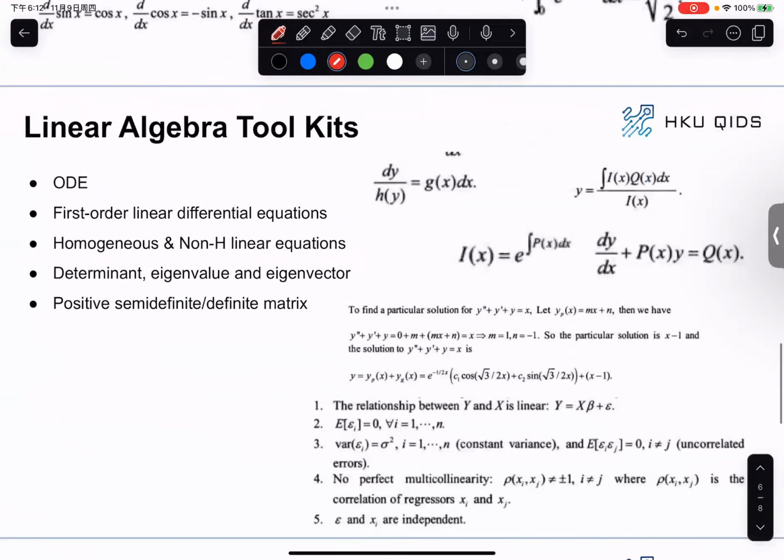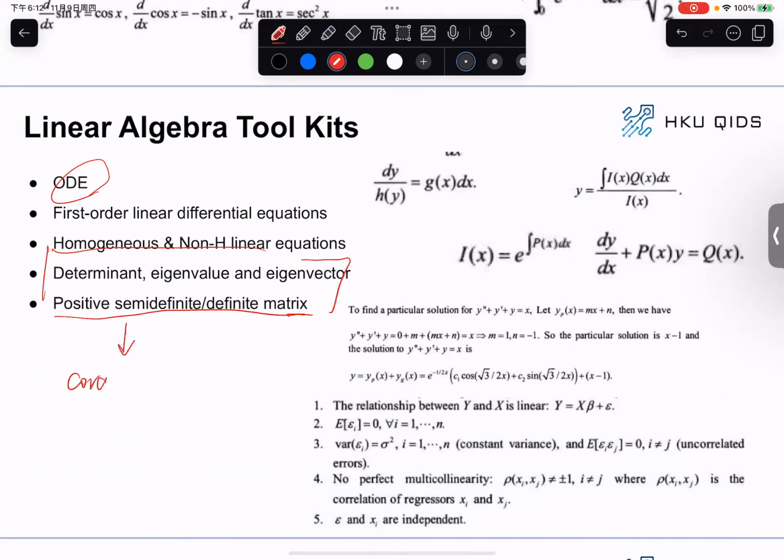And also be careful about ODEs, all 4 types of ODE, because they are also frequently asked. And also positive semi-definite and positive definite matrices. Why is it important? Because these 2 parts are actually linked with the covariance matrix of the multivariate normal distribution.